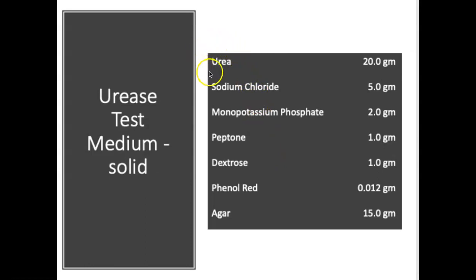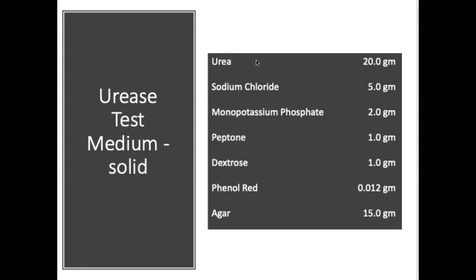Finally, you can see that this medium contains urea. Now, it's important to remember that urea is not a nutrient. Urea is a waste product that cells do not have a use for. It gets produced as proteins get catabolized or broken down.